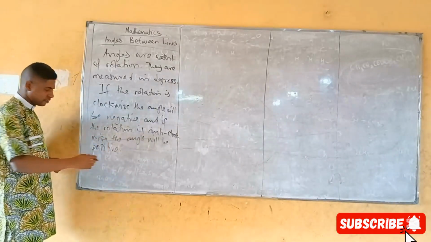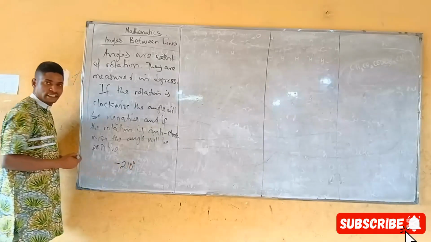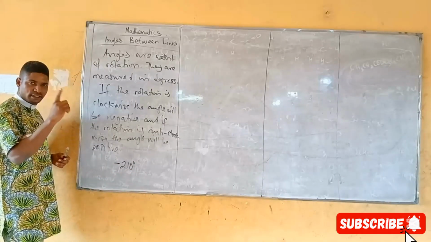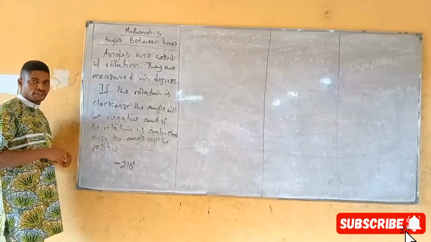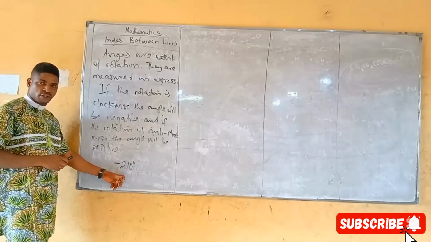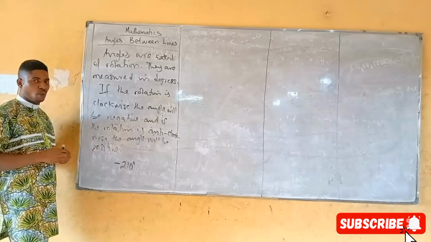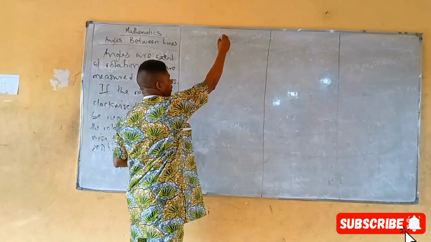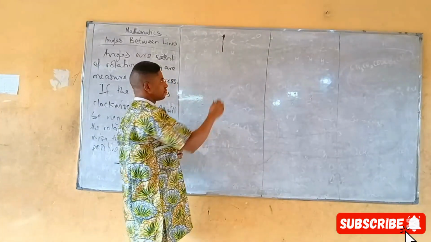For instance, minus 210 degrees is a negative angle. It means that beginning from the north, rotation had gone through 210 degrees clockwise. Here is the north cardinal point.